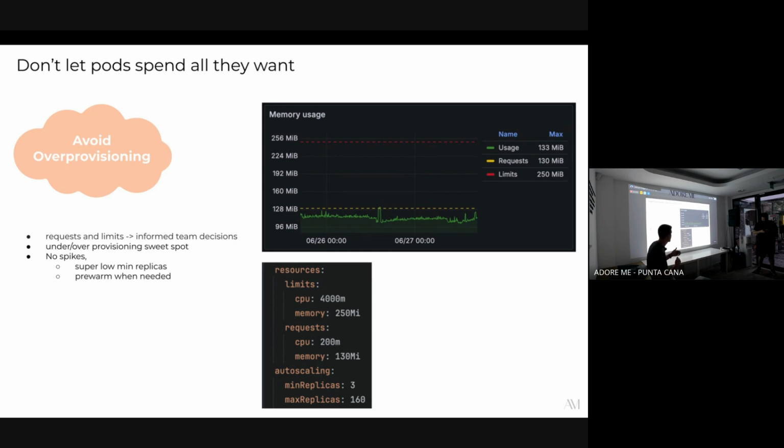When the traffic comes and they need more memory or more CPU, they don't have enough because you overprovisioned a node. Let's say you have a node with 1 gigabyte of RAM. You say, okay, my app runs with 100 megabytes. Kubernetes will schedule 10 of your apps on that node, but when traffic comes, your app will actually consume, I don't know, 150 or 200 megabytes, and Kubernetes will have to evict some pods because you don't have enough resources on that node.